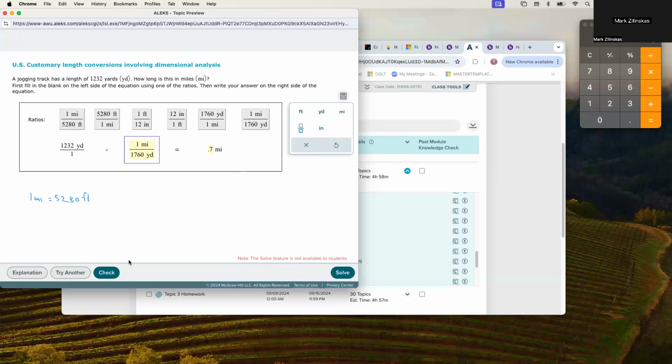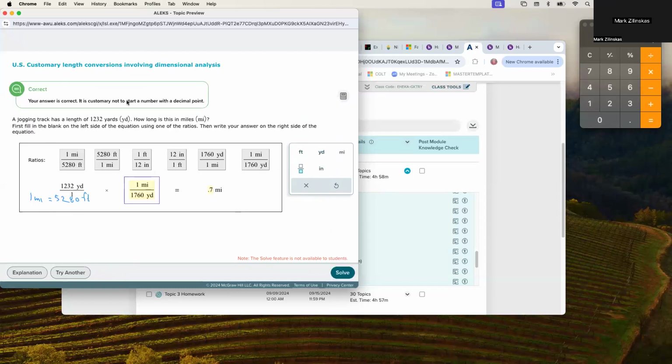Instead of using the solve, I'll just use the check feature, and of course it's going to tell me it's correct. Oh, yeah, this pops up. I'll probably forget this every time, but it's customary not to start the number with a decimal point. So in other words, they're asking me to type this in as 0.7. But nonetheless, they're still going to give you credit for it.